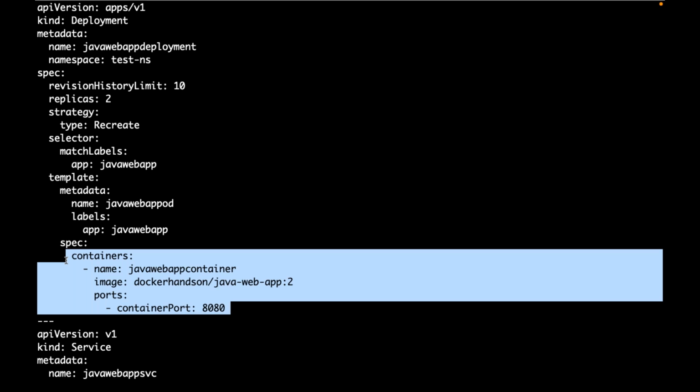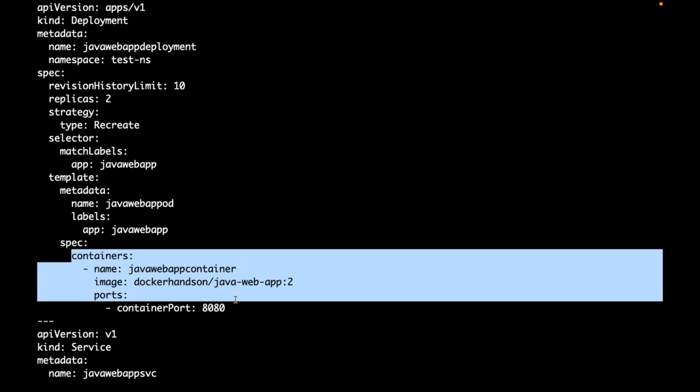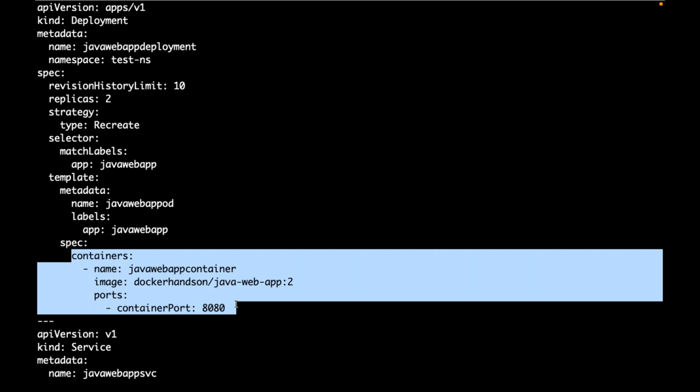Other applications may run out of CPU and memory. If some junk code has been written by some developers and it is taking a lot of CPU, a lot of memory, one application is going to impact other applications. So that's why in real time, we set the resources for our pods, our containers.